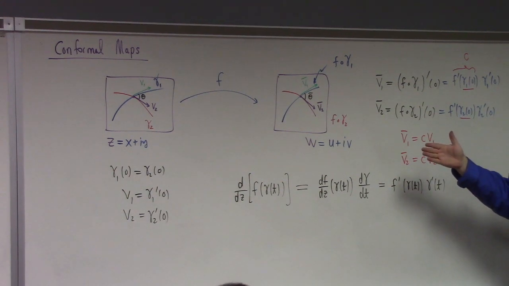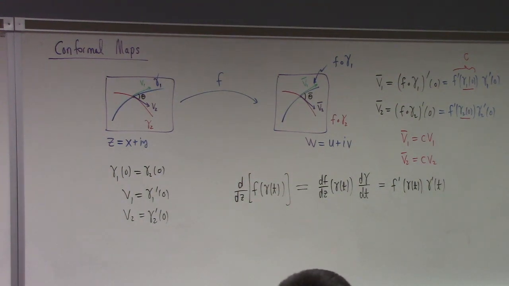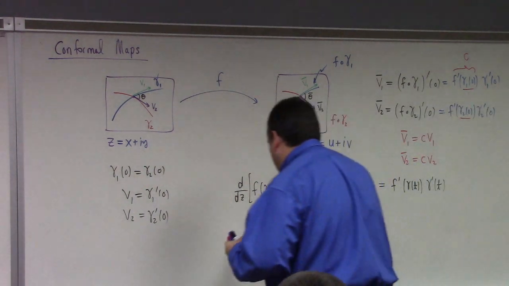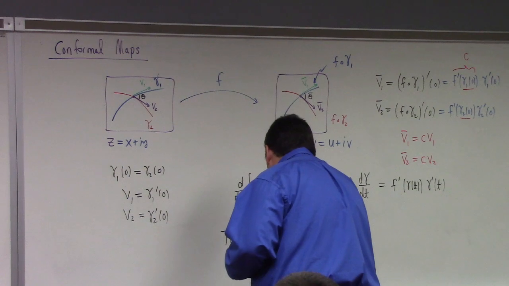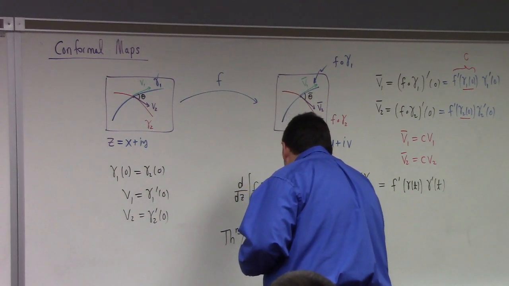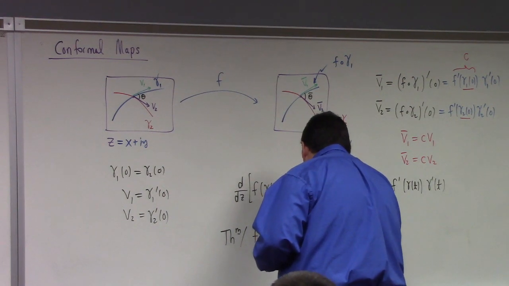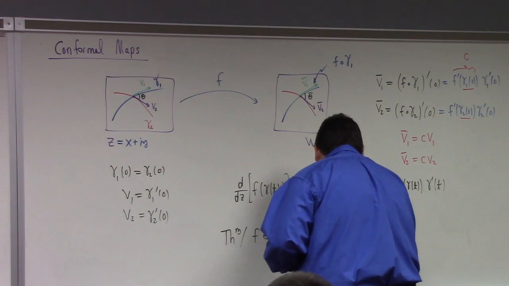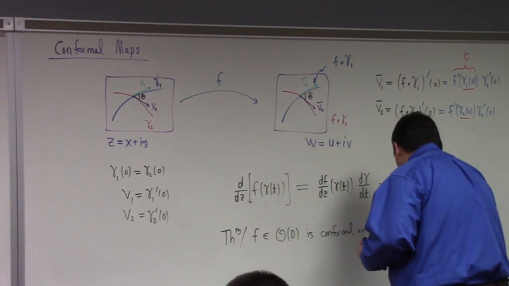What is the gap in my argument? When is a complex map not conformal? It's not differentiable. Oh, but if I'm assuming that it's holomorphic, so let's see, theorem: f, an element of holomorphic functions on D, is conformal on D provided, fill in the blank.